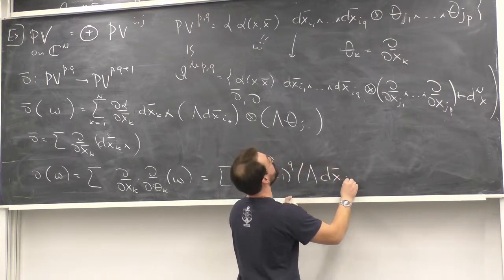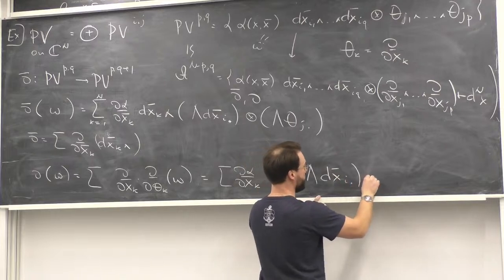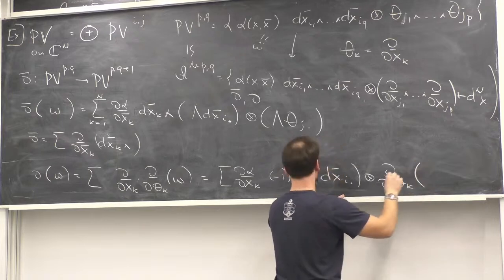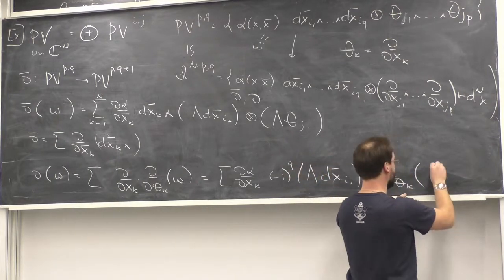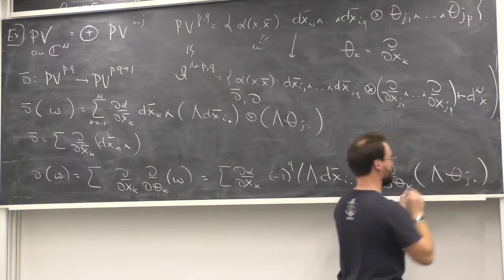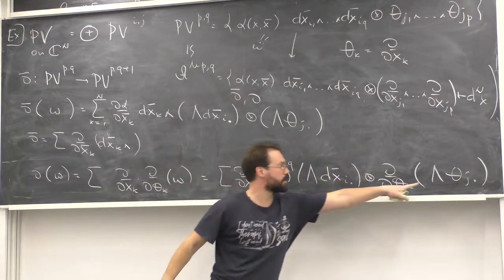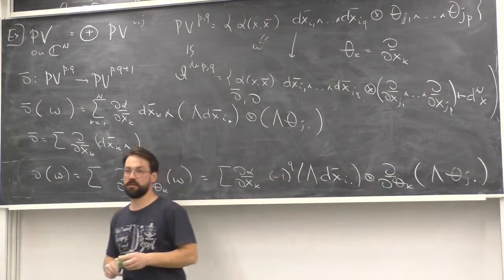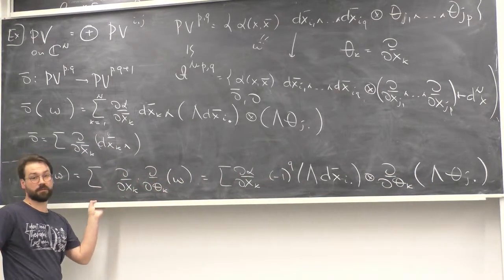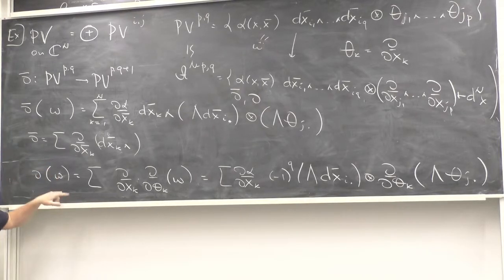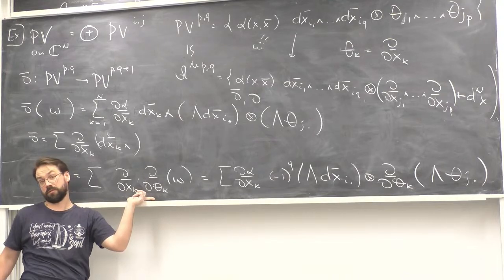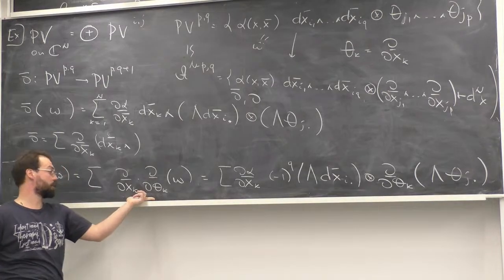I have these wedges, and therefore everything is anti-commutative. So the d theta are also anti-commutative. So it hits one of the elements out of here. If it doesn't hit, then it is 0. So that's a fast answer to the question, what does it mean to be second order? It differentiates twice.